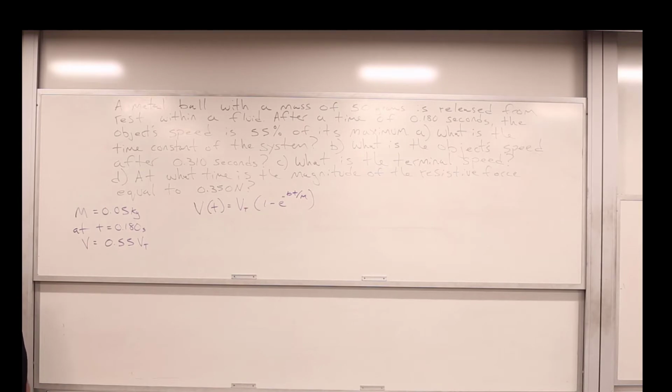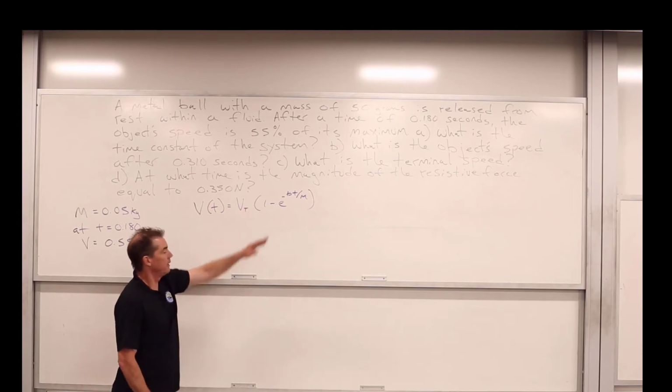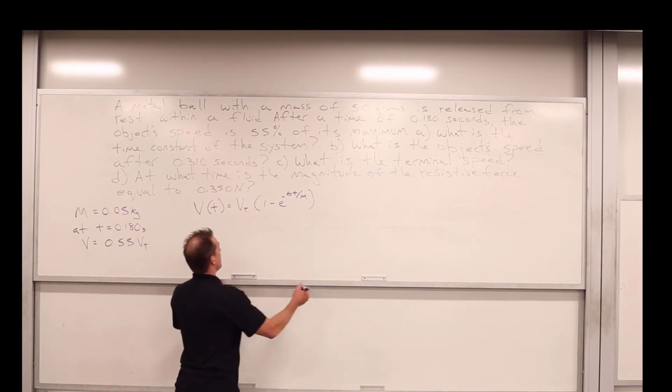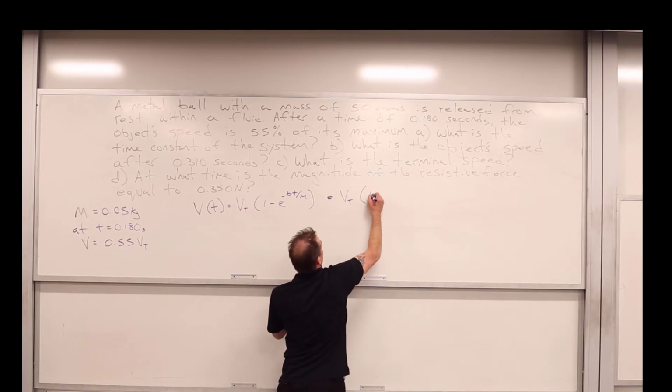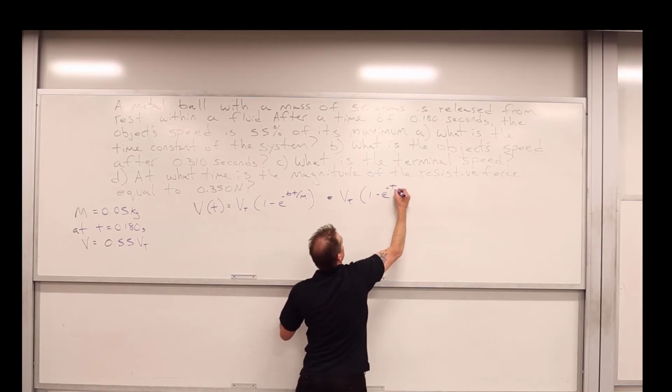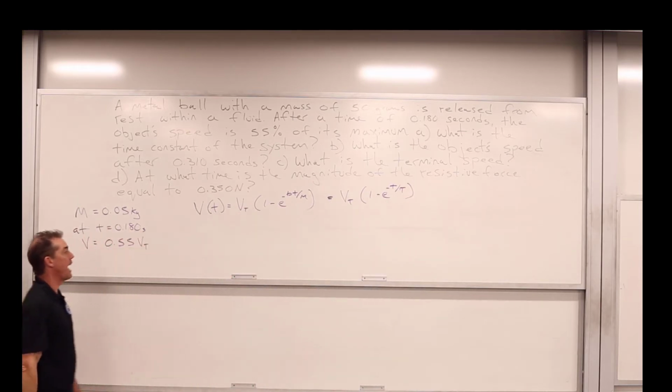So what do you need to do? You need to figure out what the time constant is. We can rewrite this in terms of the time constant, because this is equivalent to v sub t times 1 minus e to the negative t over tau, and we want to solve this for tau.